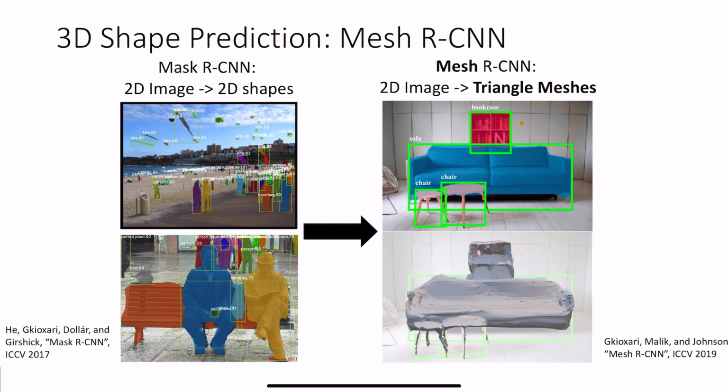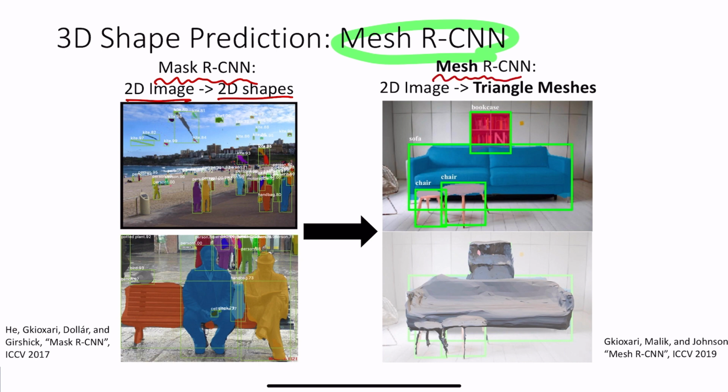One more mesh representation or mesh encoder was Mesh R-CNN. This is like an extension of Mask R-CNN, which aimed to extract the 2D shape or the 2D mask from 2D images in a generalized framework.